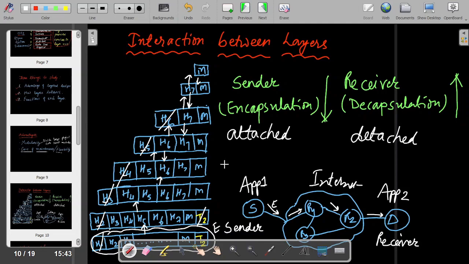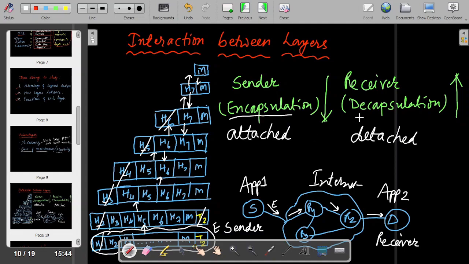I am sure you will have the question of how layers are implemented in the routers, and what happens to a packet when it reaches a router. All those details we will understand in due course of time. Right now, to keep things simple, we will just note that as we go from top to bottom, encapsulation or attachment occurs.